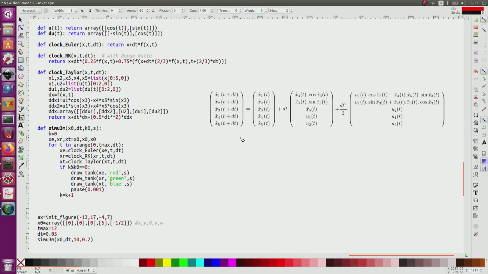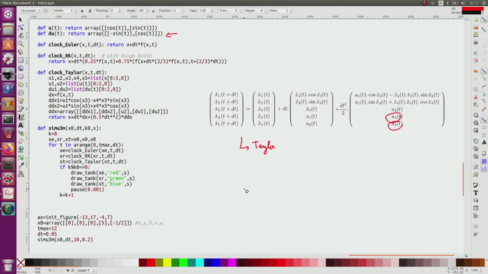This is the Taylor integration scheme of order 2. To implement this, I need the derivative of u here, because I need here u.1 and u.2.